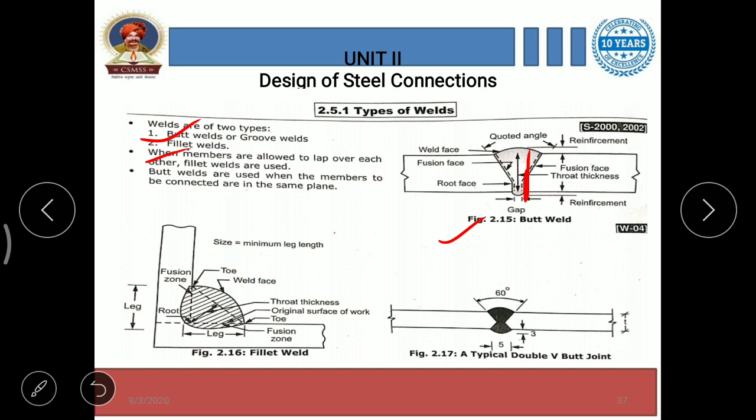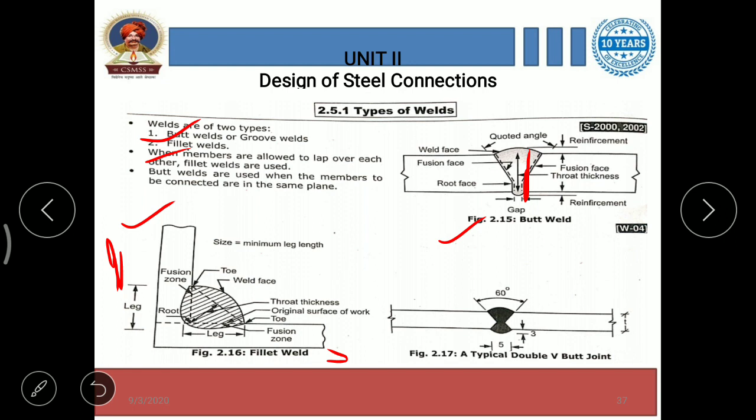Then the second, figure 2.16, very important. In this, two legs are connected by fillet weld. One is the vertical leg and one is the horizontal leg. These are joined by fillet weld, and there are important terms here.